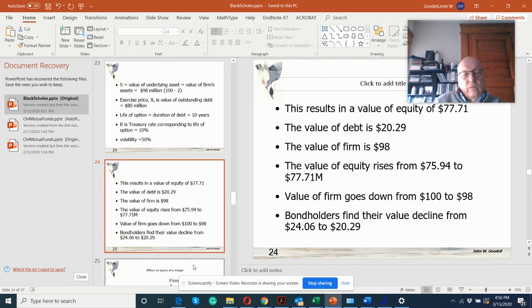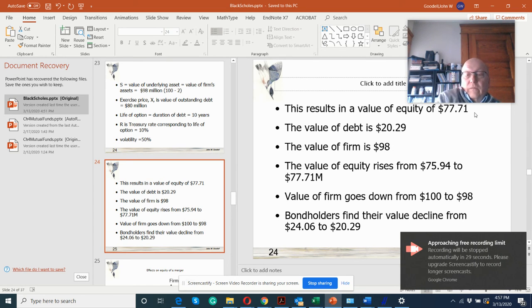We run that through, and we actually end up with a value of equity of 77.71, which is a higher number than 75.94 in the initial example. So we took on a negative NPV project, but increased the risk of the firm, and it increased equity from 75.94 to 77.71.